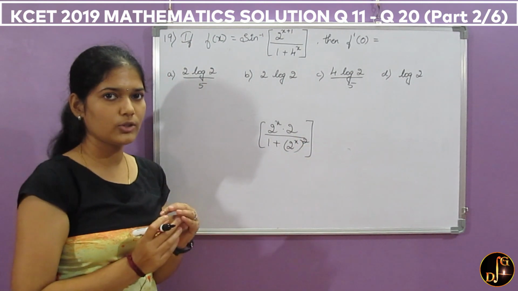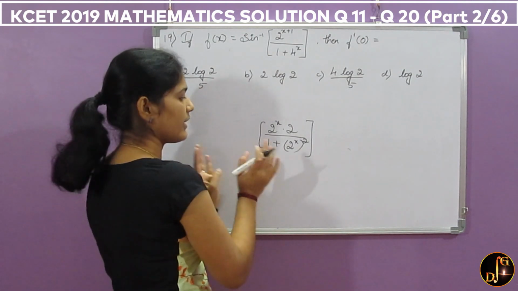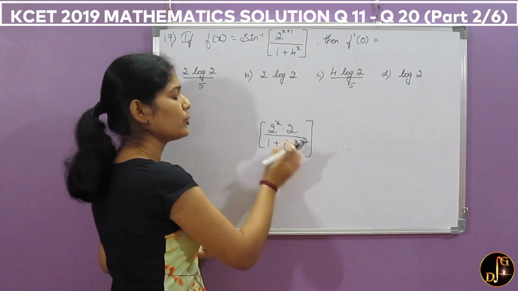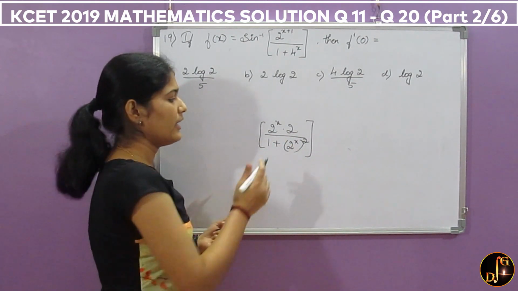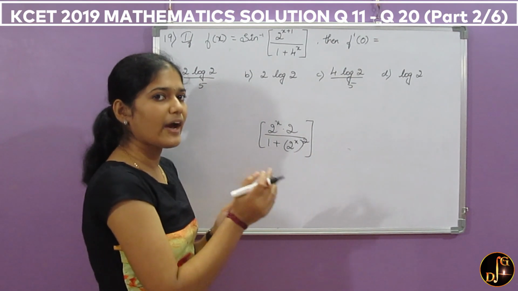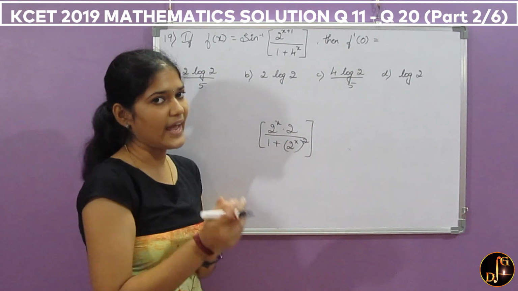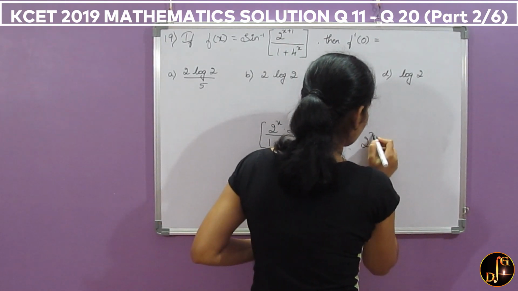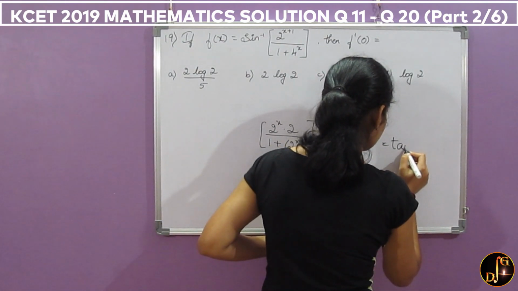Is this possible to write? Yes, we can write like this. Now we will take a substitution for 2 power x. We have 1 plus a square form, then we have to take here tan theta, right? We know that. So let's take 2 power x is equal to tan theta.